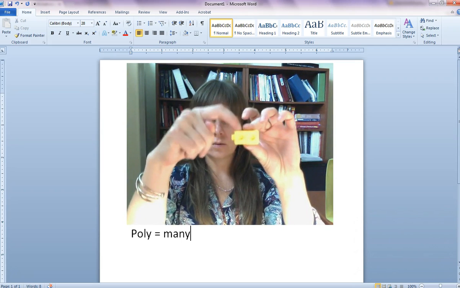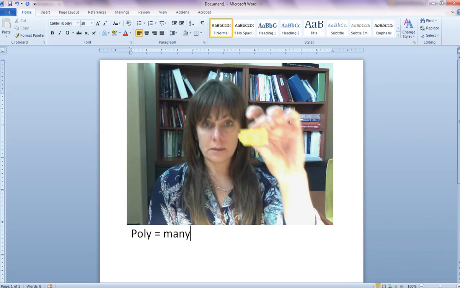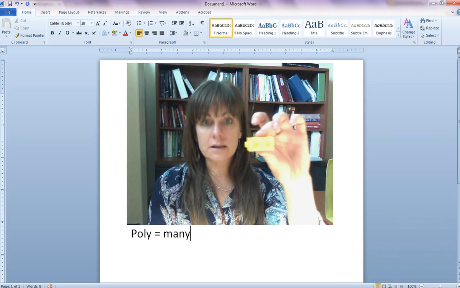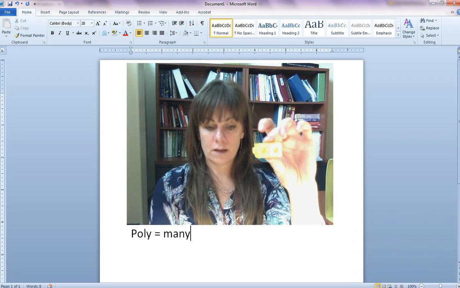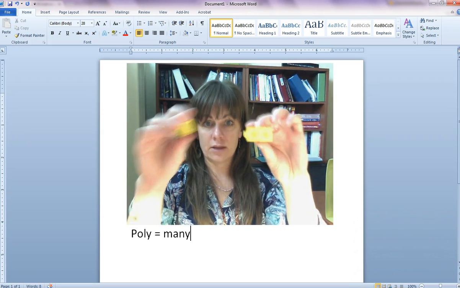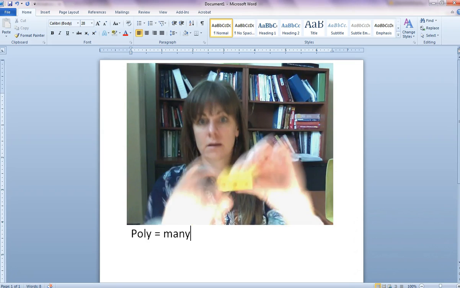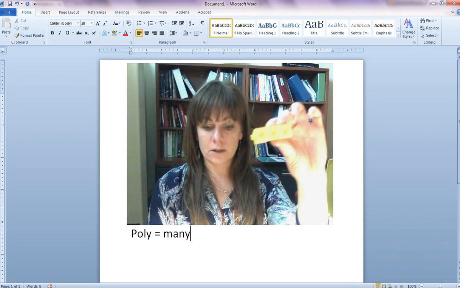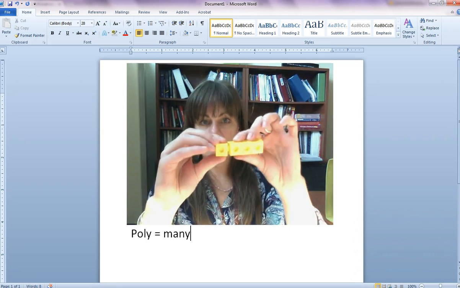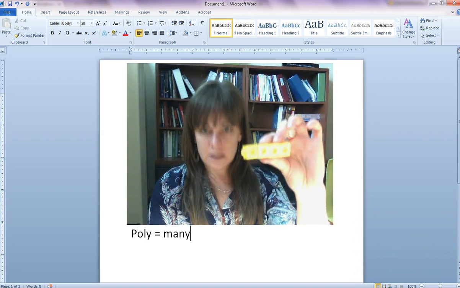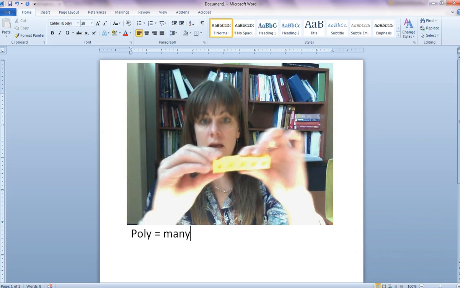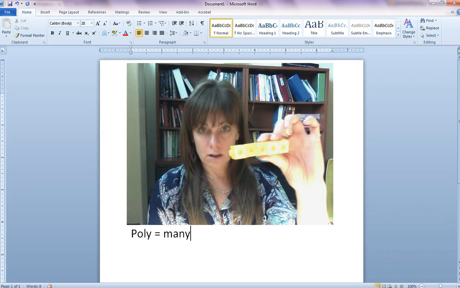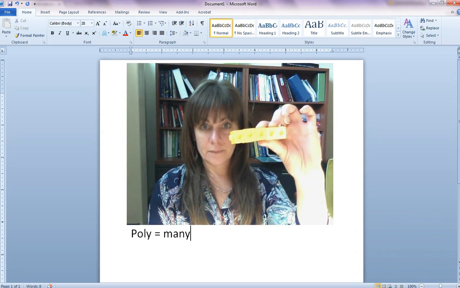No, I've got two. So now I've got a small polymer. And let's say now the cell wants to make this even bigger. Well, let's just add another monomer. And we have a bigger polymer. And so we keep taking these pieces and adding them to make a bigger and bigger polymer.